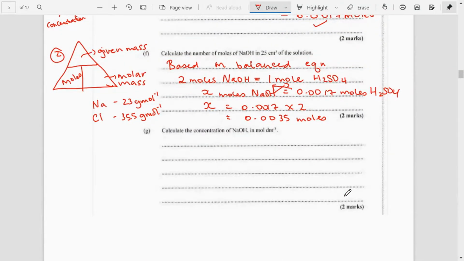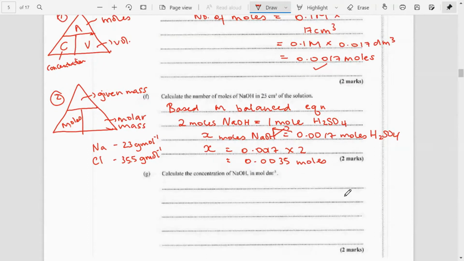Calculate the concentration of sodium hydroxide in moles per dm cube. Again, what are we looking for? We're looking for moles and volume because that's the only triangle with concentration, right? So we have our moles, we just calculated it, and we have our volume. So concentration is equal to number of moles divided by volume. So it will be 0.0035 moles divided by 25 cm cube.